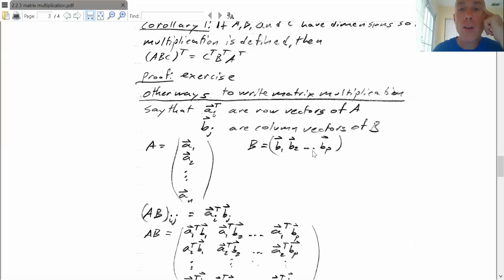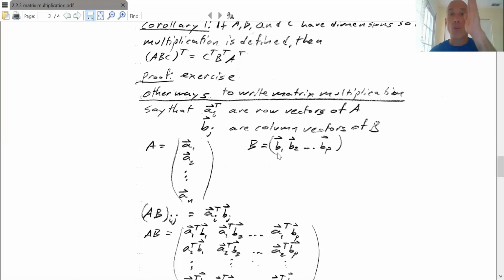All right, and B I can express as a bunch of column vectors next to each other. So here I have row vectors stacked on top of each other. Here I have column vectors standing next to each other. So the A I'm representing in this manner, that this is the first row of entries. This is the second row of entries. Next would be the third row of entries, and so on.